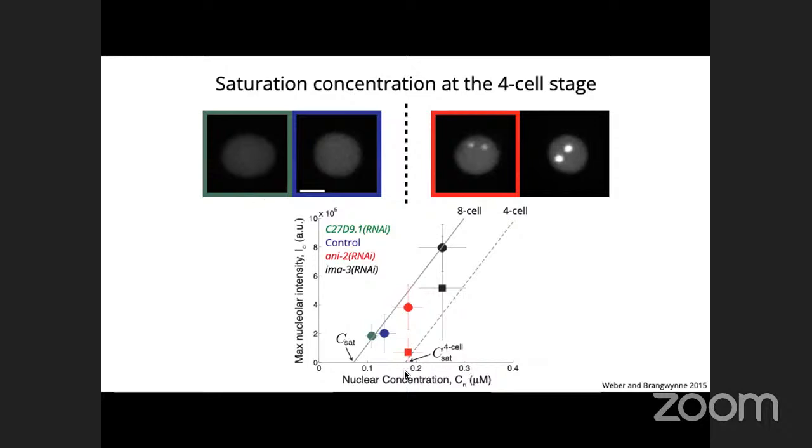I don't know why this is the case, this is just biology, but the saturation concentration at the 4 cell stage happens to be higher than it is at the 8 cell stage. I don't know why, but it's very convenient. You can see that this middle condition, this red condition, is roughly at the saturation concentration. About 50% of these embryos have small nucleoli, and about 50% of them don't have any. So that's basically my limit of detection.